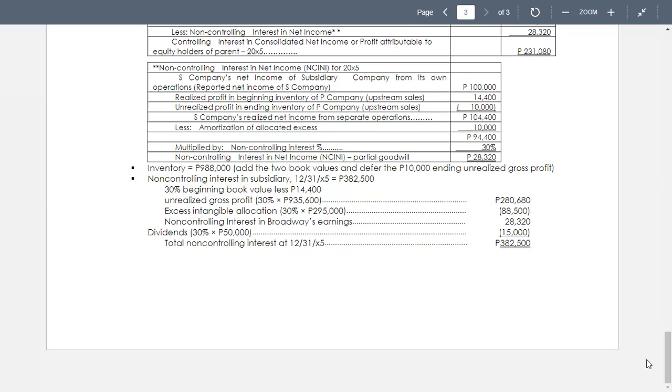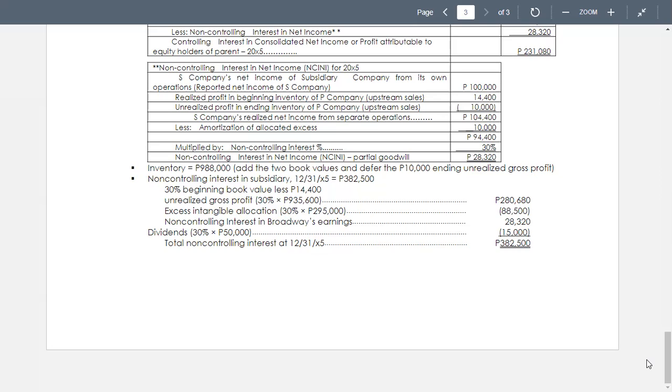So the difference is 1,509,000. That is the realized net income of S company from separate operations.